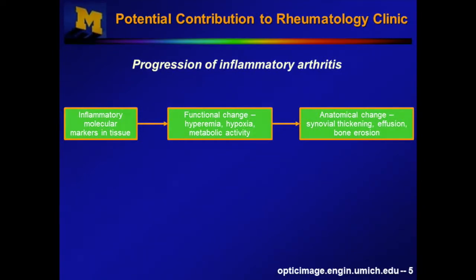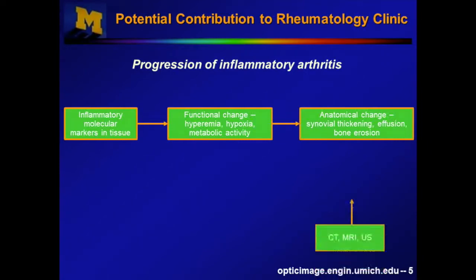It's called hypoxia. And that's all reflecting that the metabolic activity in the arthritic joints is different from that in the normal joints. And later, we can notice some anatomical changes, for example, synovium thickening, effusion, and bone erosion. That happens at the late stage of arthritis.